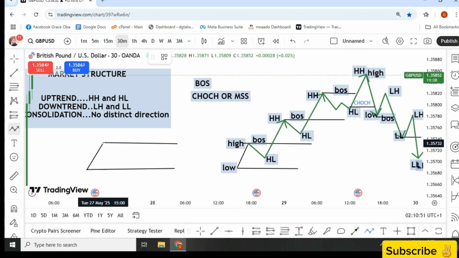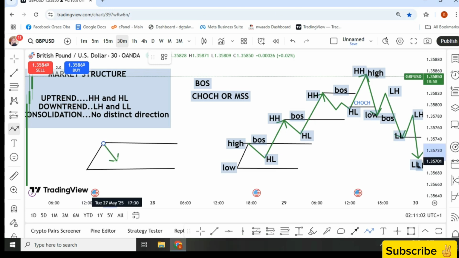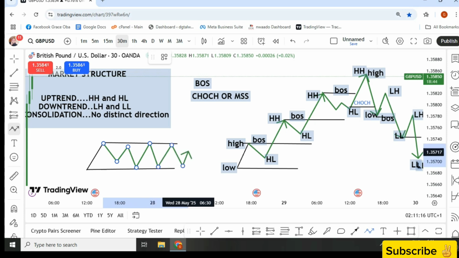Let's say, for example, a 5 minute, 15 minute, or 1 hour candle was just ranging inside a particular zone without showing any willingness to break above this resistance or below this support. When you see this in charts, this is a ranging market.